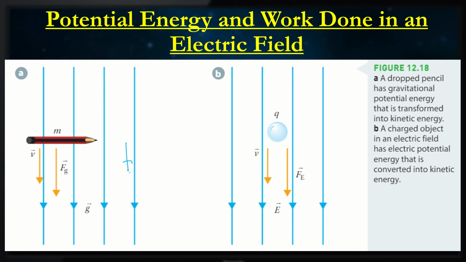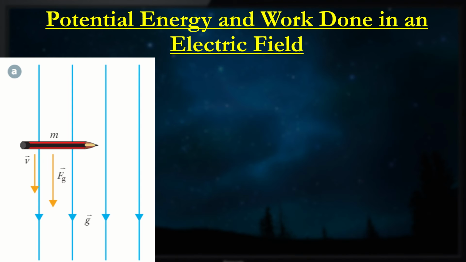As it goes down, the gravitational potential energy goes down and the kinetic energy goes up. Same idea here: the electric potential energy is going to go down, and the kinetic energy is going to go up. So let's try and derive an equation that can explain how it all works.